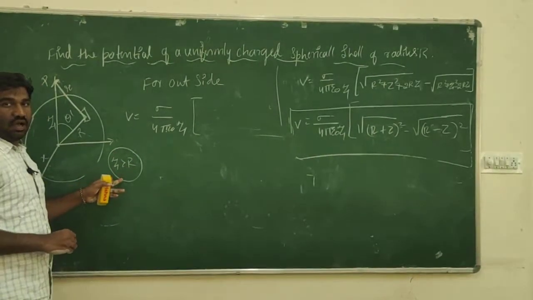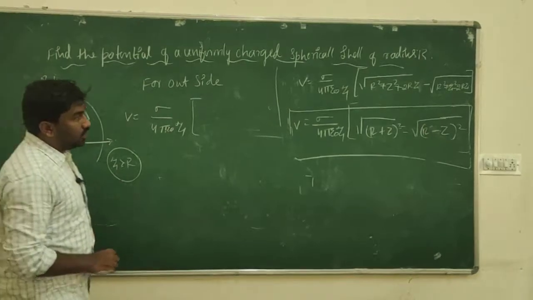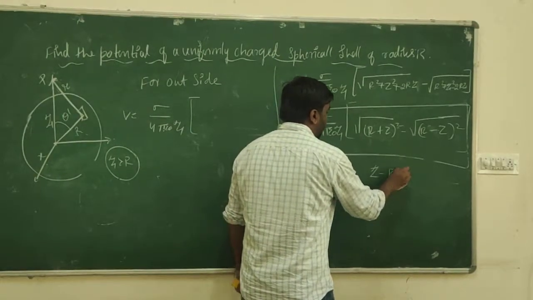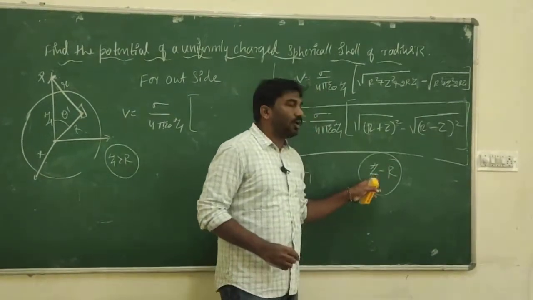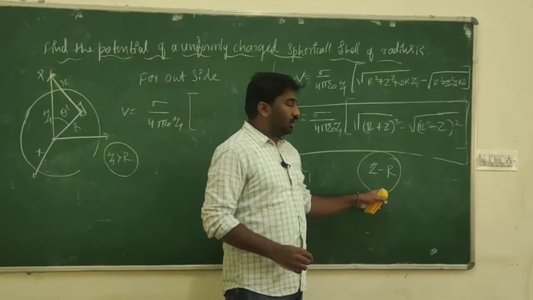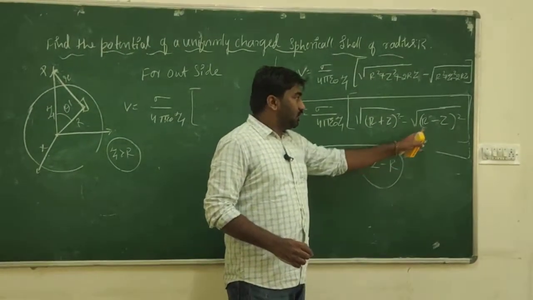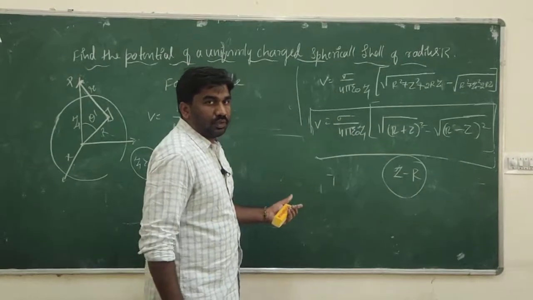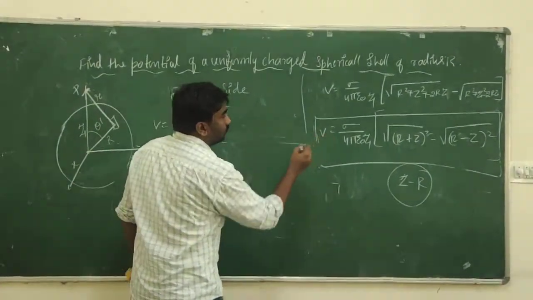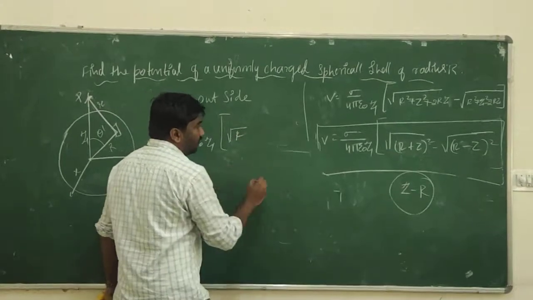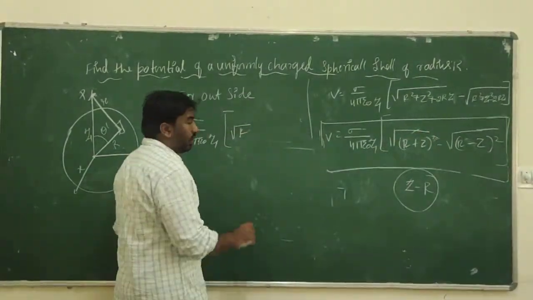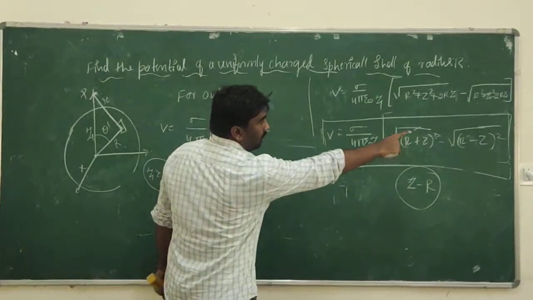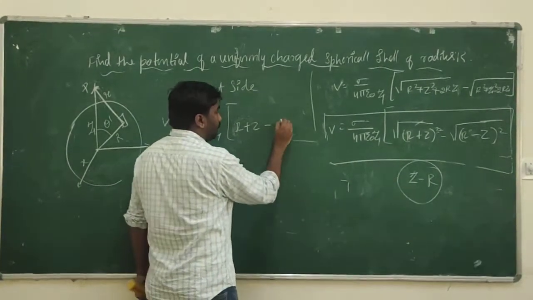So instead of taking r minus z, I am going to take z minus r, because inside the root we have to get the positive value. The square and the root cancel, so remaining is r plus z minus, and instead of r minus z, I take z minus r here.